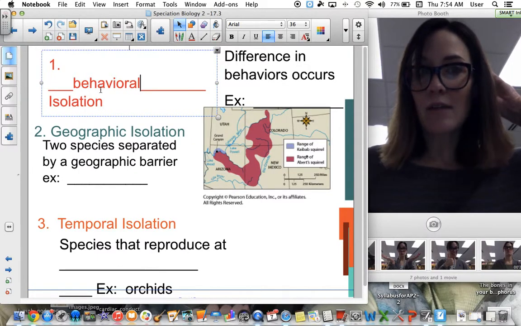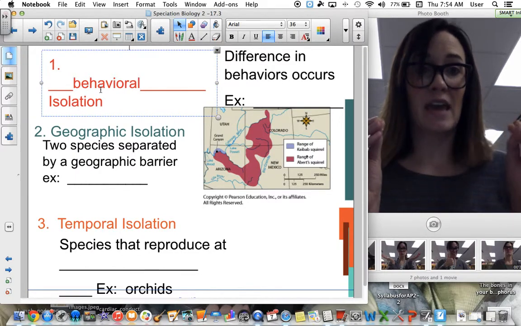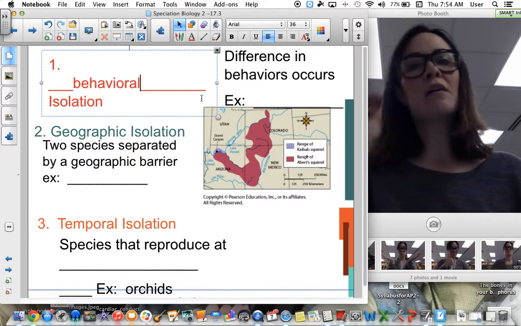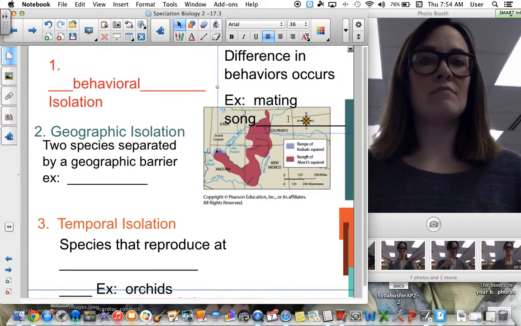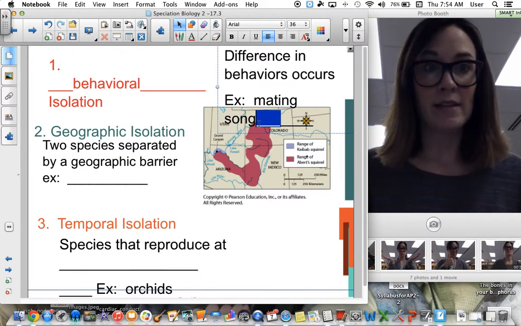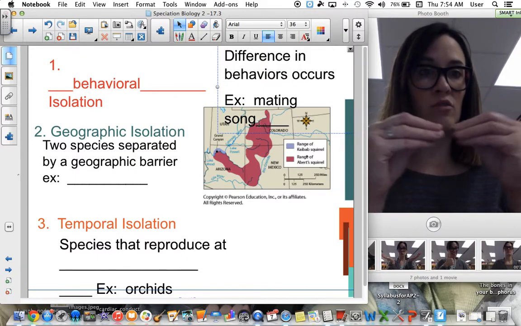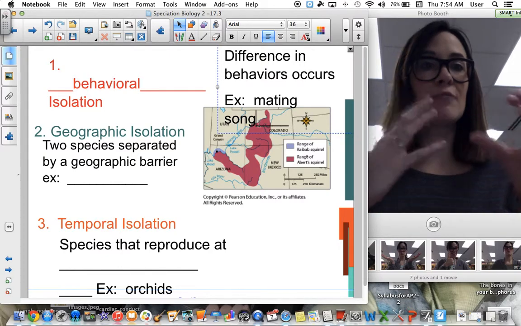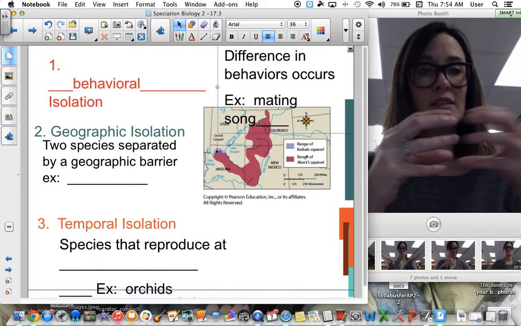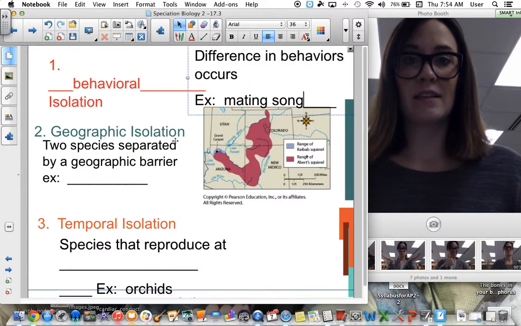They're isolated reproductively, meaning they can't reproduce due to a difference in behavior. Mating songs in birds is an example. Certain species of birds will not mate with another species because they don't sing the right song. They will not interbreed, they will not cross over species lines because they don't sing the right song. So that is a difference in behavior that prevents them from reproducing. That is the first type of reproductive isolation.